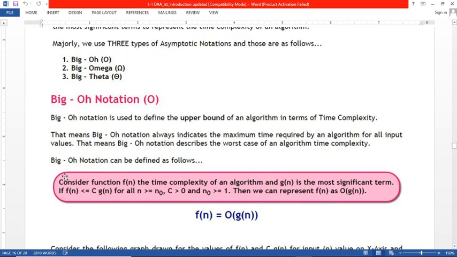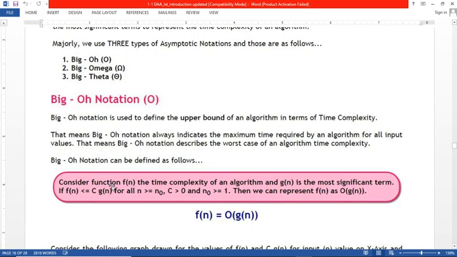Let's consider this and solve one example. Consider function f of n. f of n is a function representing the time complexity of an algorithm, and g of n is the most significant term. Most significant term means we are taking the upper bound and maximum time.